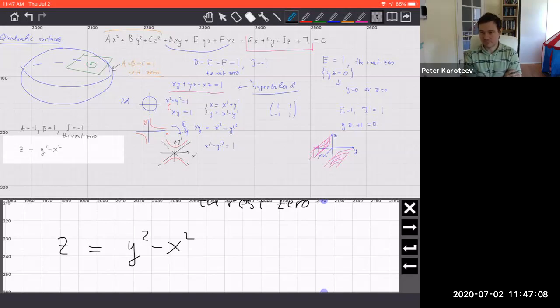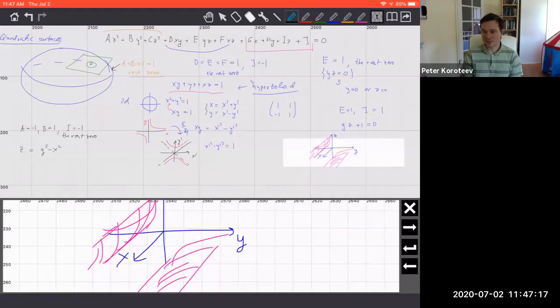It's like hyperbola, but in 3 dimensions. Well, I mean, that doesn't really help, right? Because we just saw a hyperbola in 3 dimensions that doesn't look like a saddle at all.